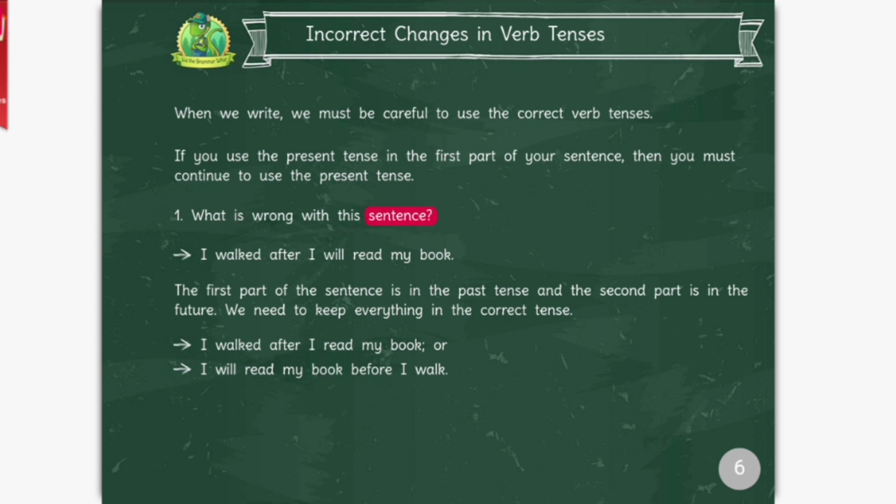I walked after I will read my book. The first part of the sentence is in the past tense, and the second part is in the future. We need to keep everything in the correct tense. I walked after I read my book, or I will read my book before I walk.